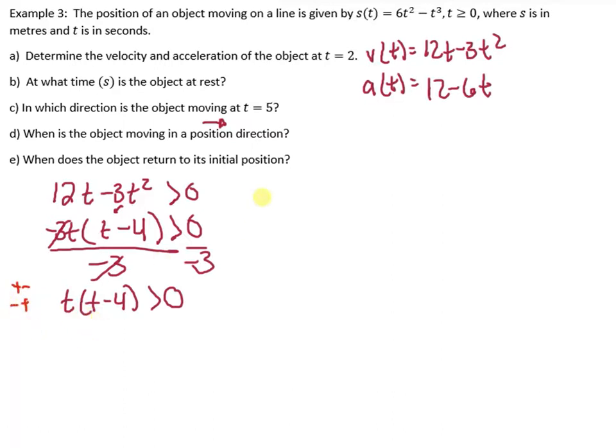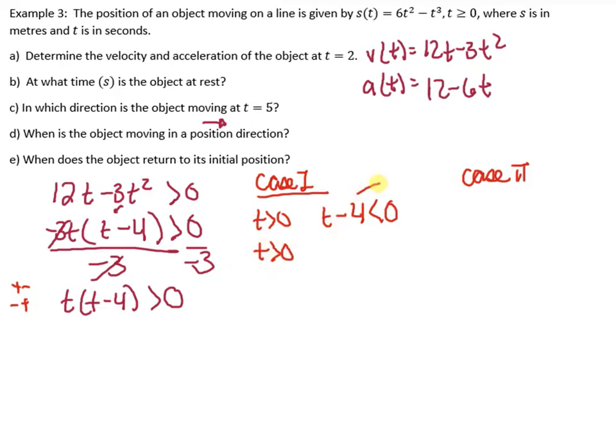So let's consider case 1, and then we'll consider case 2. Case 1 is when t is greater than 0, which means t minus 4 is less than 0. So t is greater than 0 and t is less than 4, therefore t is between 0 and 4. So that works.